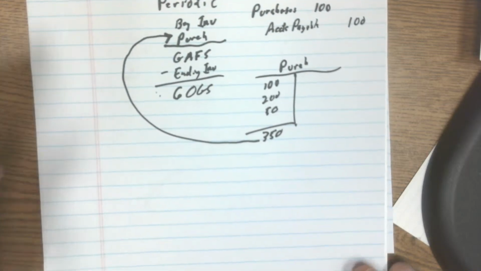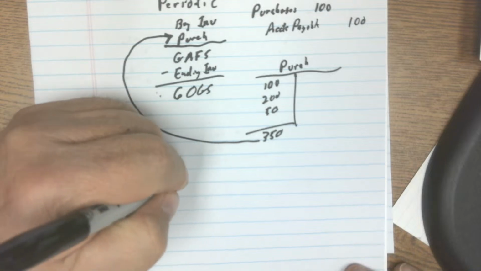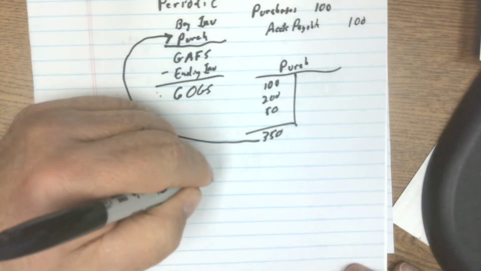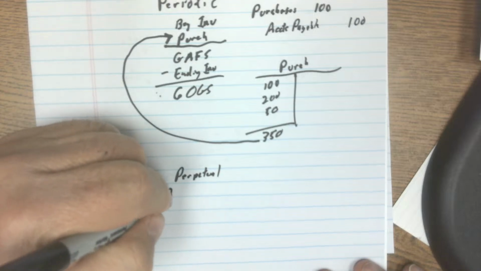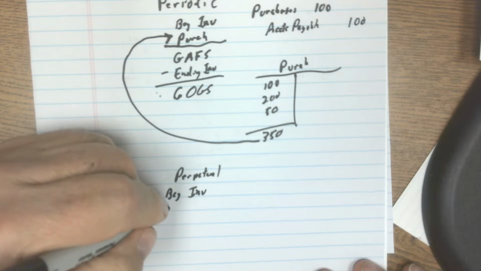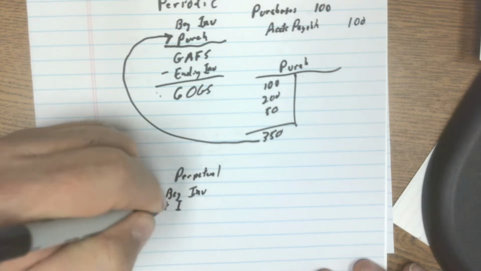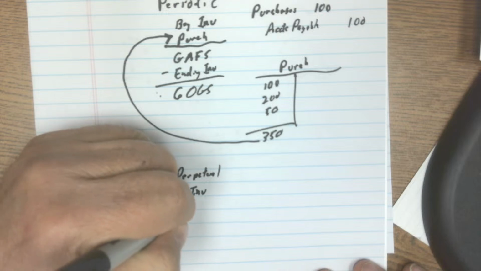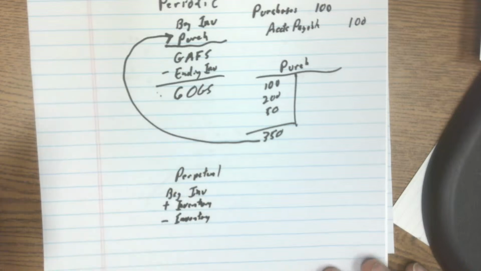Then, on the perpetual system, you start with a beginning inventory, but then you add inventory every time you buy something, and you subtract inventory every time you sell something.